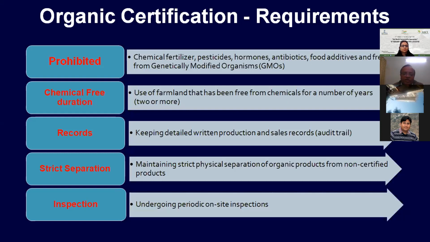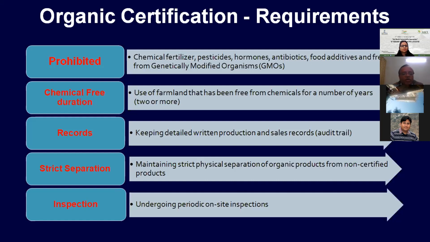Chemical free duration means there has to be a minimum moratorium of chemical free period for the crop to be declared as an organic crop. Minimum 2 years, or there may be more duration. For seasonal crops, it is a minimum of 2 years, and for plantation crops, it has to be 3 years.